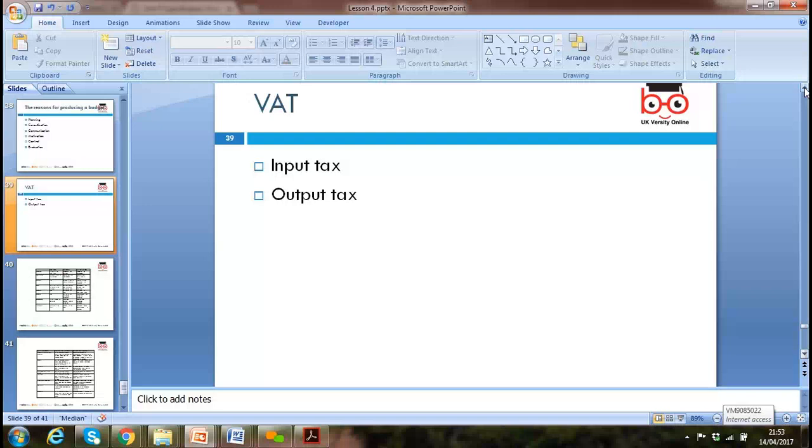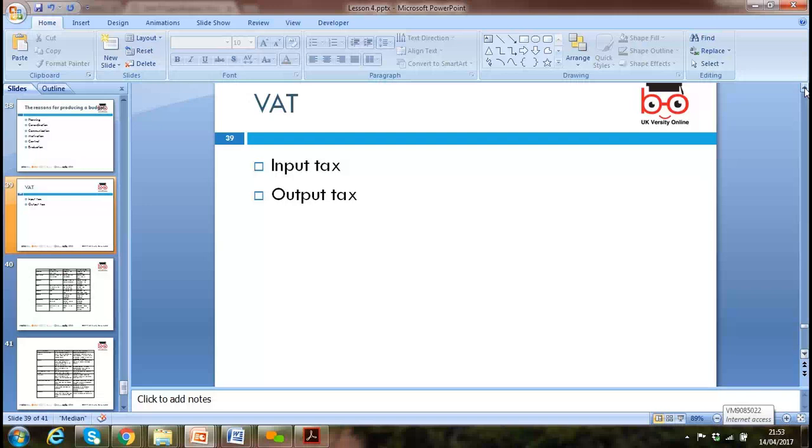So VAT in the UK on purchases we call input tax. When you sell those things, we call it output tax.